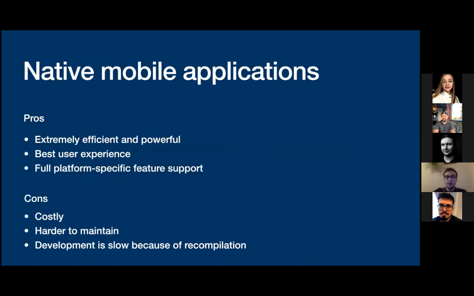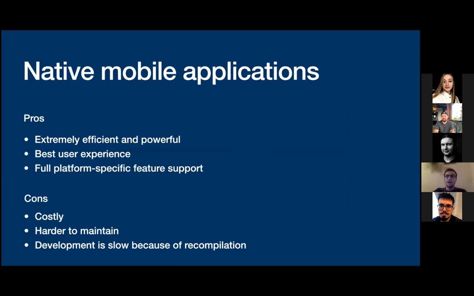So native mobile development is something completely different. It's a process of developing applications for a specific operating system, and the resulting app won't run everywhere. They're created using software development kits provided by Apple and Google and introduce the best user experience and performance possible.